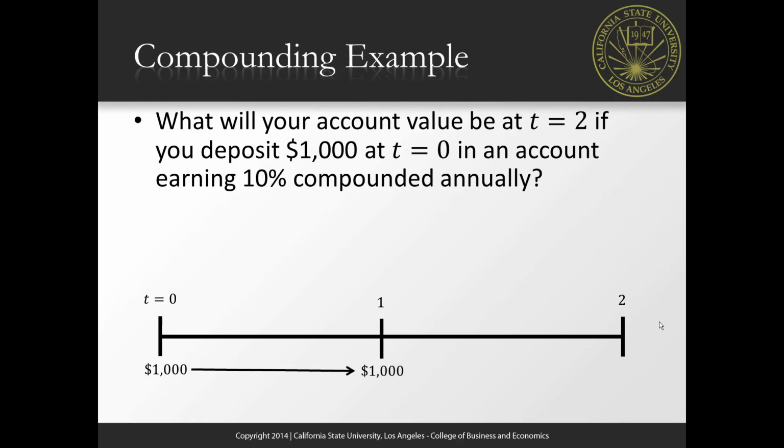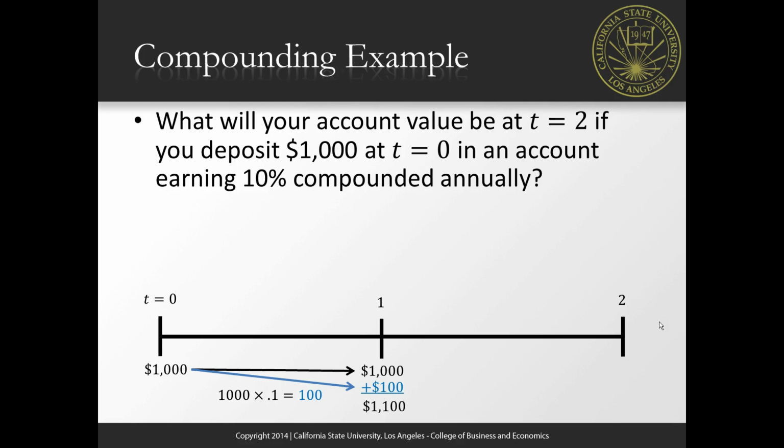Now at the same time, we're going to be earning 10% on that original $1,000. So when we multiply 1,000 times 0.1, we can see that we earn an extra $100. When we add those two together, we see that our account value at t equals 1 is $1,100.